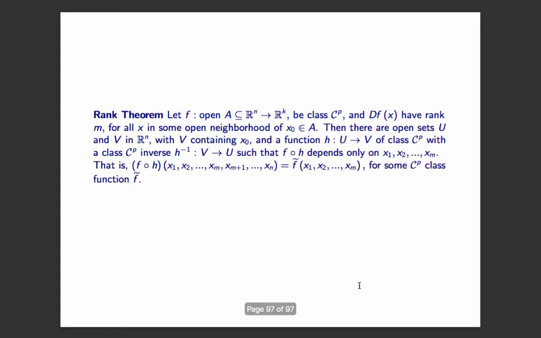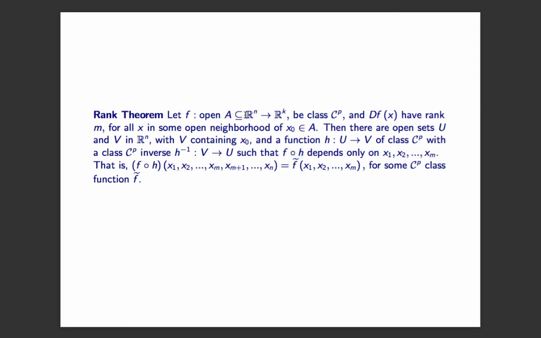Then for all x in some open neighborhood of x naught within the domain of f, there are open sets U and V in Rn. V contains x naught. There's a function h from U to V of class Cp with a class Cp inverse, such that f composed with h depends only on the first m entries.